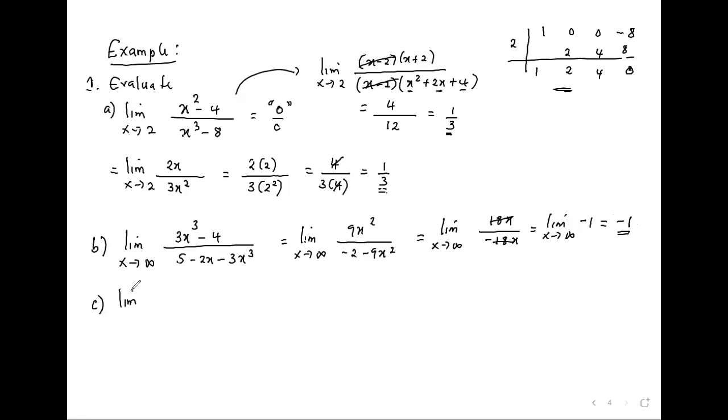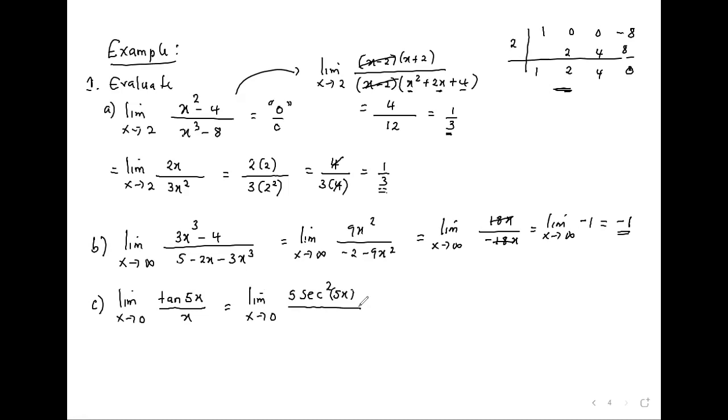The limit as x goes to 0 of tan 5x over x. Tan 0 is 0, over 0. So what do you do? You differentiate. The limit as x goes to 0: you differentiate tan 5x, you get 5 sec squared 5x.